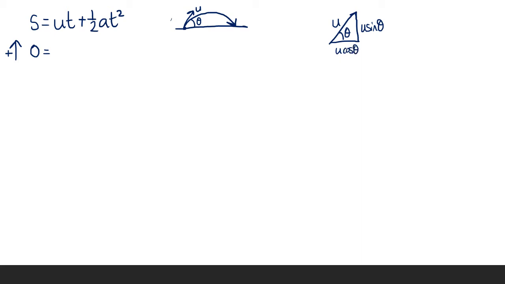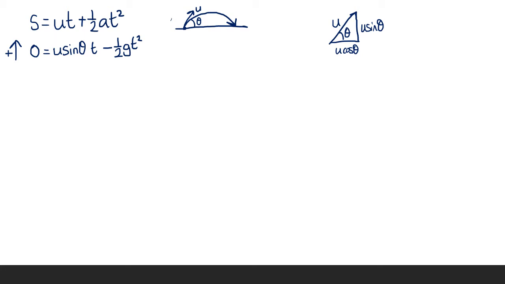So we can say that the velocity in the vertical direction is u times sine theta, and times t, and we've got acceleration which acts downwards. It's always towards the center of the earth. So let's write that as the acceleration is minus g. So we've got minus a half times g times t squared. So g is 9.81, but I'll just leave it as g for now.